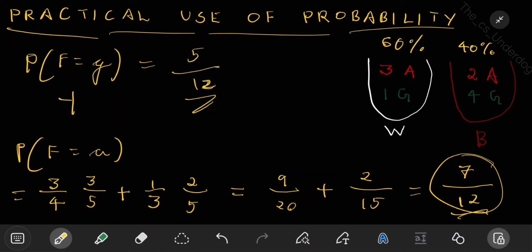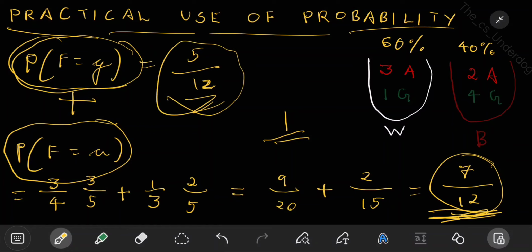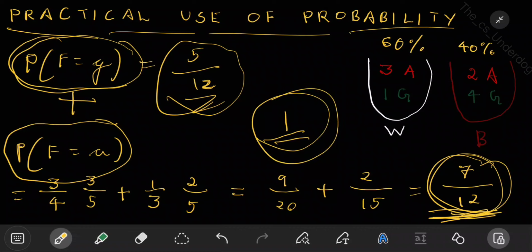Because if you add both these probabilities, fruit equal to guava and fruit equal to apple, you should be getting 1. You already know that probability of fruit equal to apple is 7 by 12 from your calculation, which means if you go and find probability of fruit equal to guava, try this as an exercise. You will get the answer as 5 by 12 because 5 by 12 plus 7 by 12 will give you a total of 1. So this is one use of probability.